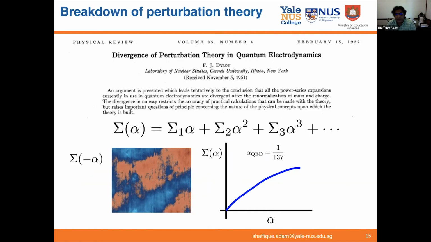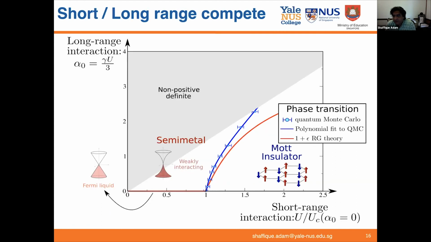So the first question we try to ask is, can we use the same quantum Monte Carlo methods that were used by people like Sorella and Assaad and others to ask what happens when you combine both a Hubbard U and a long-range interaction? What we find is that you still get this semi-metal to Mott insulator transition, and we can trace out how that transition changes.